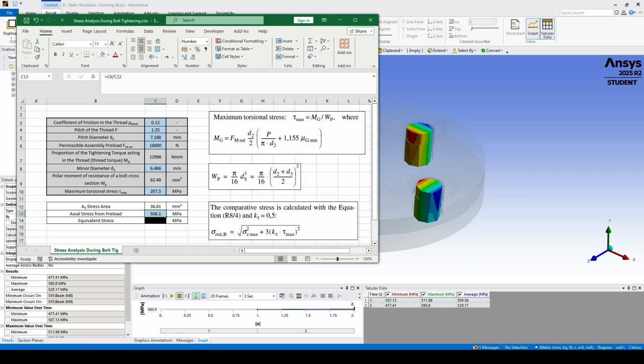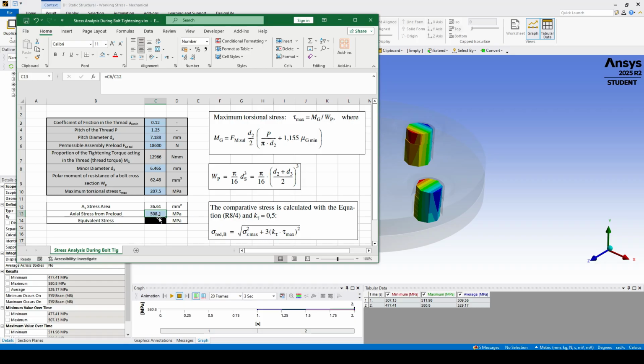Now, since the bolt is simultaneously stretched and twisted, we should combine both stresses using the von Mises equivalent stress equation recommended by VDI 2230. As you can see in this formula, it's the root of the sigma max, which is coming from the excess from preload.